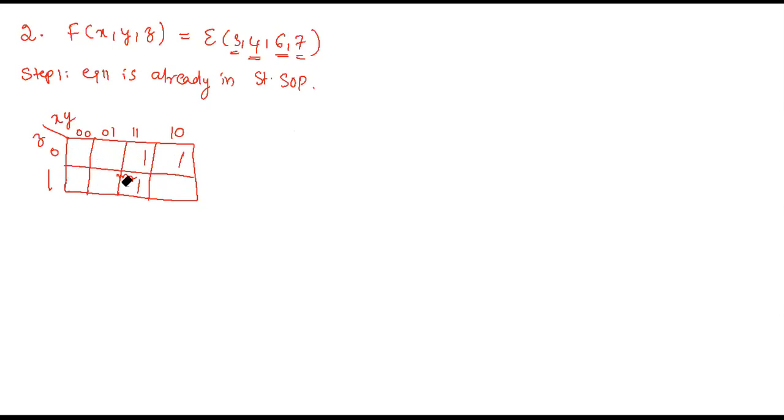In the initial stage, I wrote M4, M5, M3 like that, but there is no need to write them down. If you want, you can draw the square box bigger and at one corner mention minterm 3, minterm 2 like that. Otherwise, no need to mention. In the initial stage, for your understanding, I mentioned it like that.